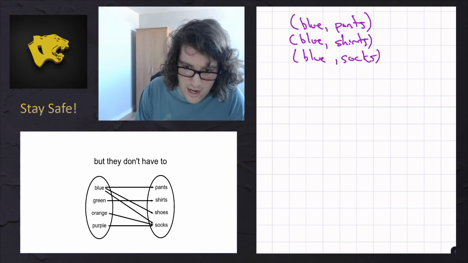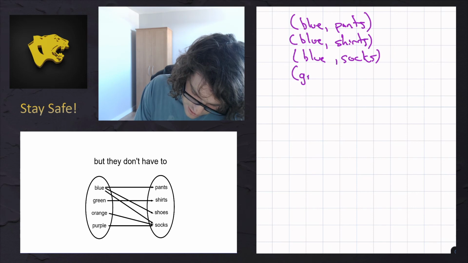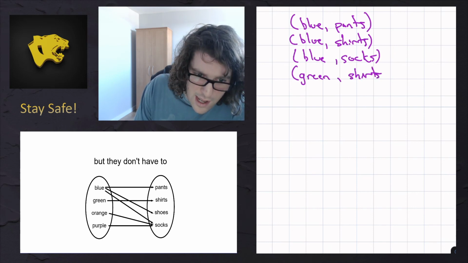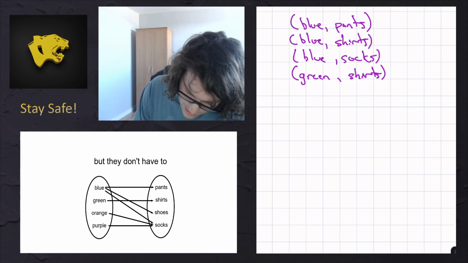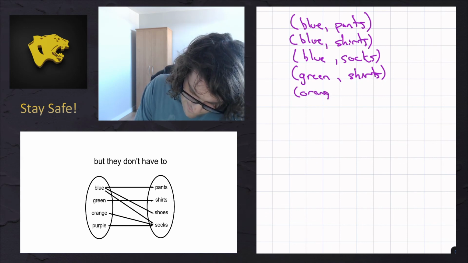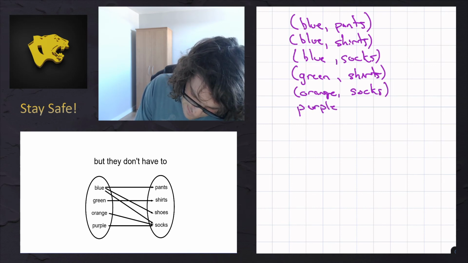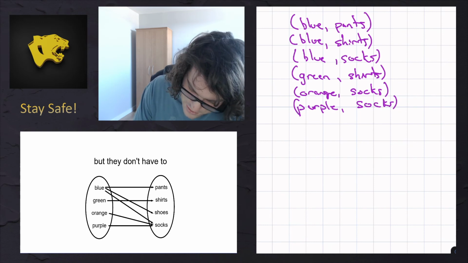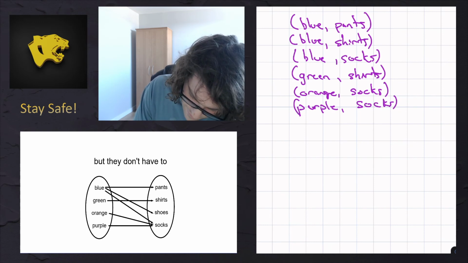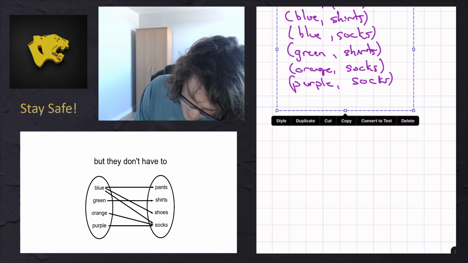I also have (green, shirts), and we have (orange, socks), and lastly (purple, socks). I just realized if I save these off, that's going to cut it in a weird way, so I'm going to put that up there for a moment.